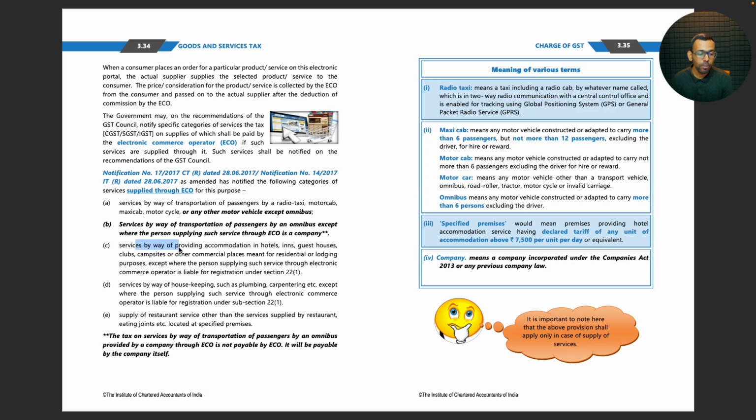Services by way of providing accommodation in hotels, inns, guest houses, clubs, campsites, or other commercial places meant for residential or lodging purposes, except where the person supplying such service through the electronic commerce operator is liable for registration under section 22 subsection 1.